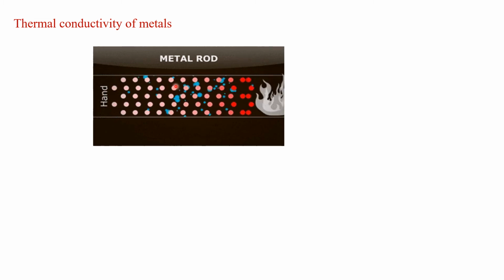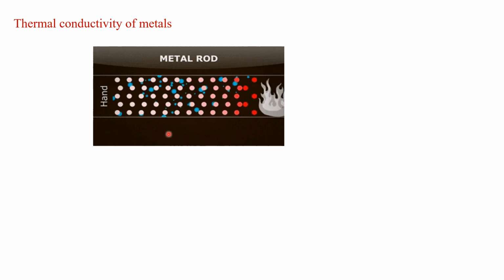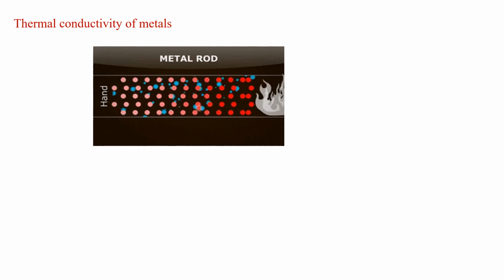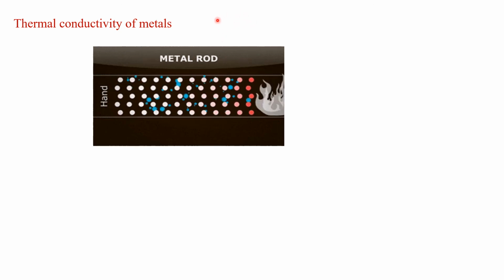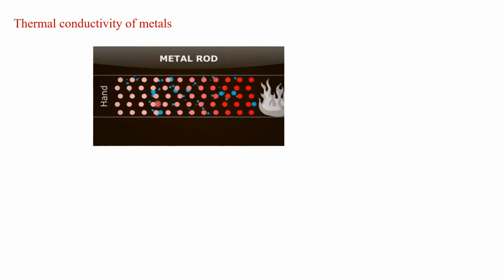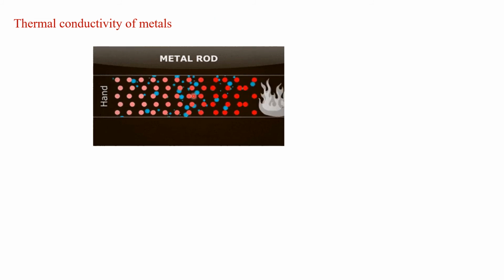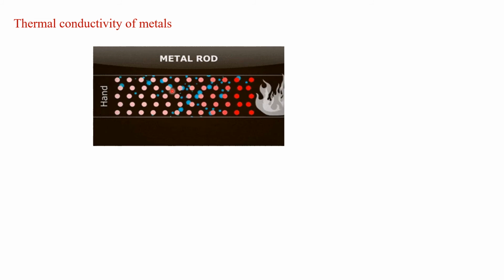And these blue, speedy, movable particles show the electrons. These electrons are in metal. This is the speciality of metal, the property of metal. Metals have free electrons, and these free electrons are always movable.